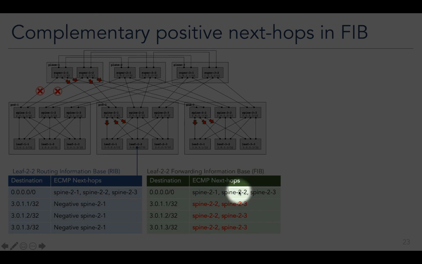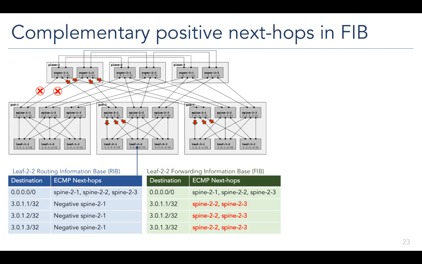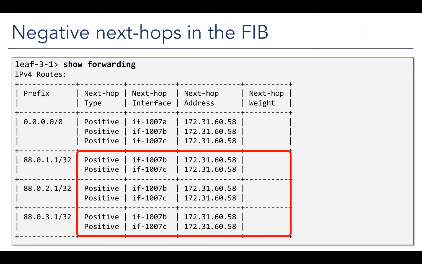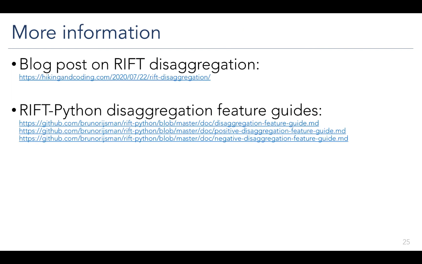In the forwarding table, or the FIB, those negative next hops have been translated into positive next hops, attracting the traffic to plane 2 and plane 3, which has the net effect of avoiding plane 1. You can use the show forwarding command in Rift Python to look at the forwarding table. For more information on negative disaggregation in Rift, see the blog post or the detailed documentation referenced on this page.